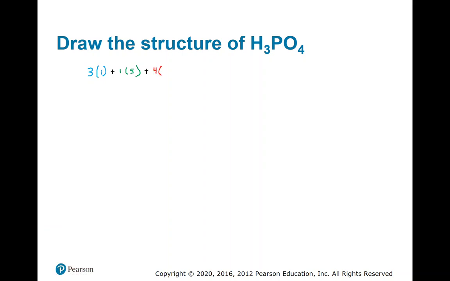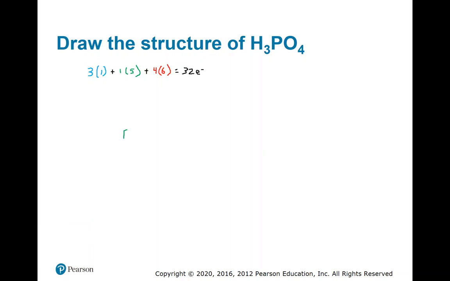So 4 times 6, each of those oxygens. And so if we add all that together, we get 3 plus 5 is 8, plus 24 is going to be 32 electrons. So with that in hand, let's go ahead and start putting this molecule together.